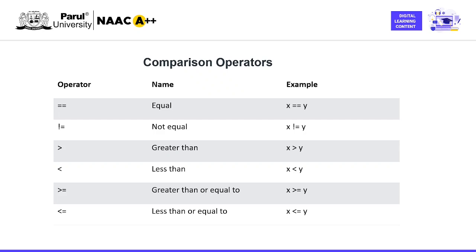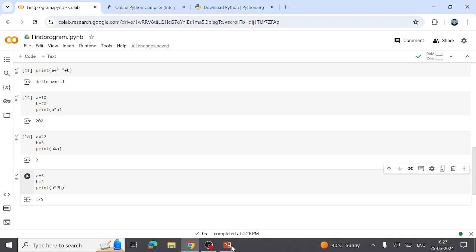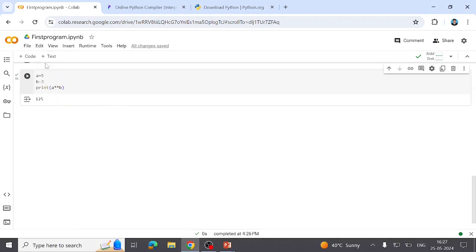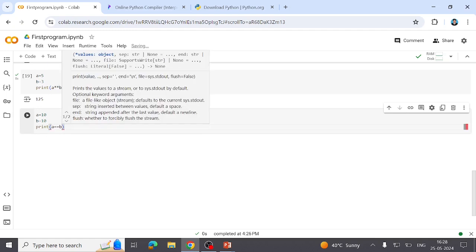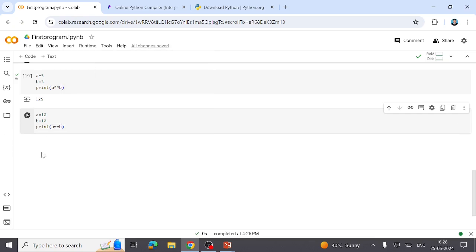For example, suppose you want to check whether a is 10 and b is also 10, and you try to print a is equal to b, it means the value of a and the value of b. Sir, where is this type of operator used?